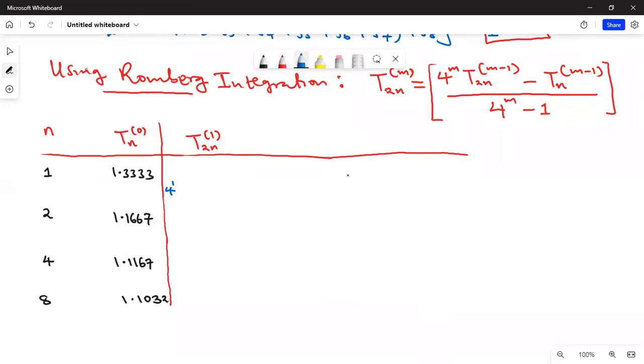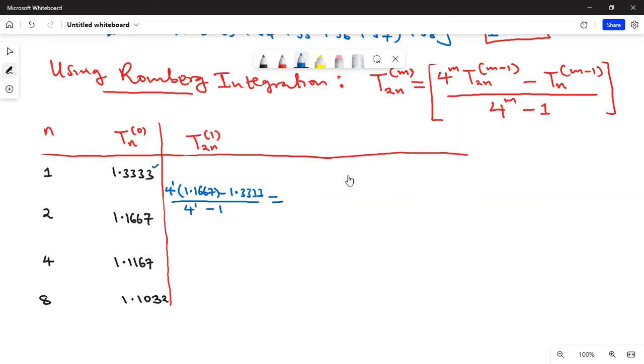So it is the value here, 1.1667, then minus Tn at level 0, because m is 1, that is 1.3333, divided by 4 raised to 1 minus 1.